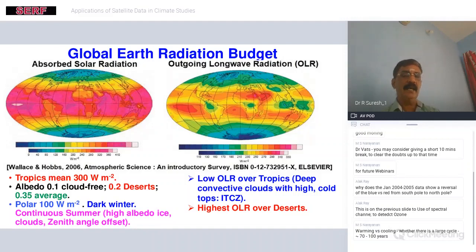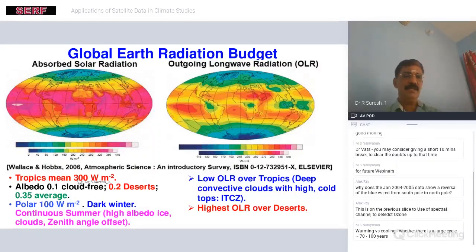This is the classic picture of global radiation, which I showed in my first lecture, about the tropics getting extra energy, and then it is getting redistributed poleward, which we used to call the general circulation. By the heat balance, the energy balance is maintained. This is in a view graph from the Wallace and Hobbs book, and the earlier book with black and white in 1987 or so, which is very much available with the updated version.